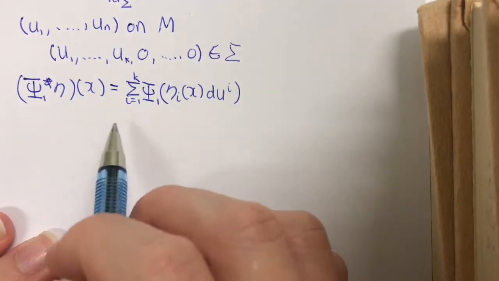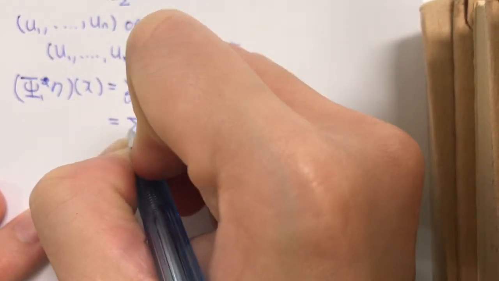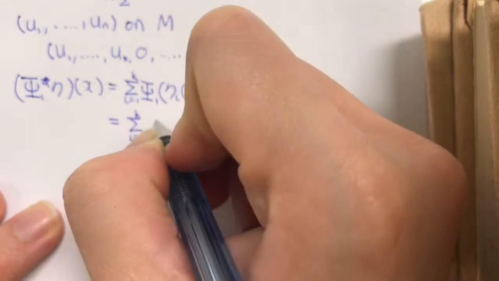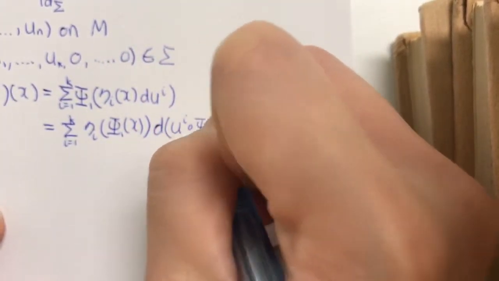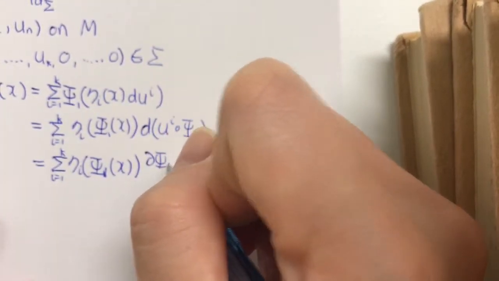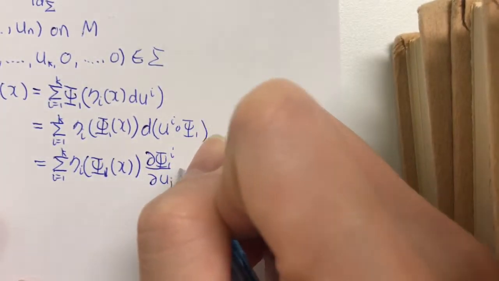So we have this expression for the pullback of the eta one form, and we continue the computation. So if we apply the chain rule, we can have the following.